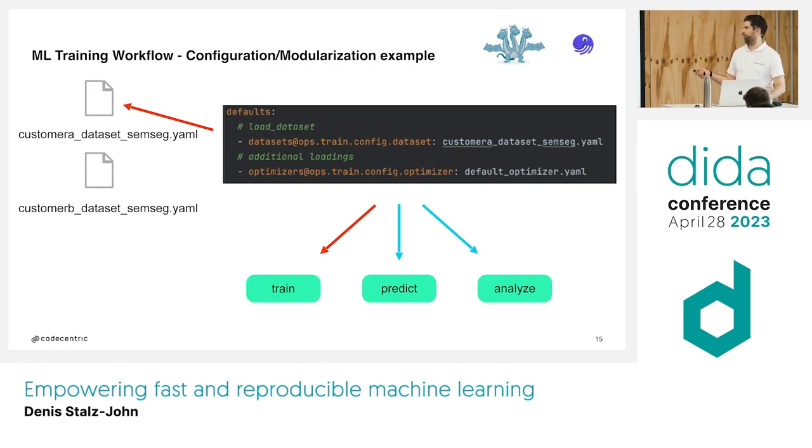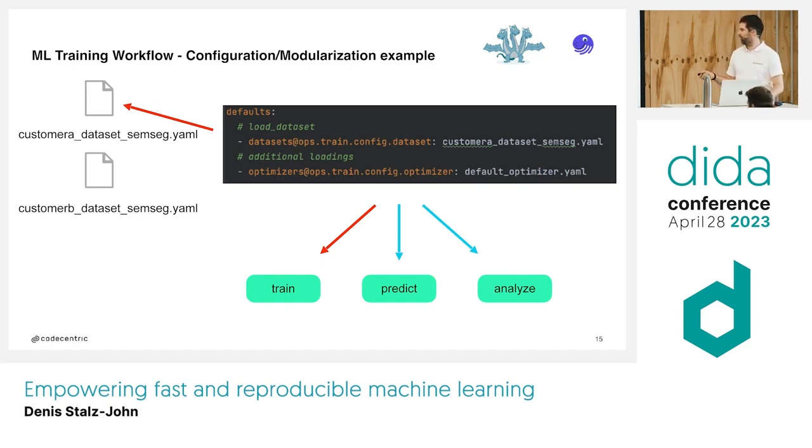This name is not chosen by me, but it is the Dagster default pattern. In Dagster, each step is called an op. We have the train op, so to speak, and we want to configure the train op, and the data set, that is how we named it, should be loaded from here.